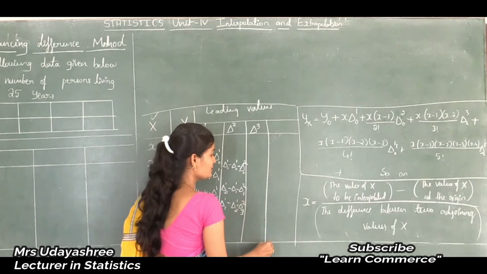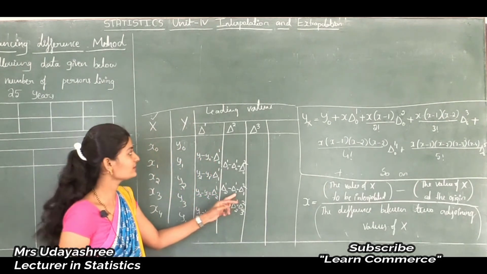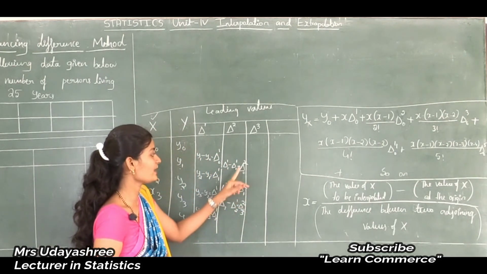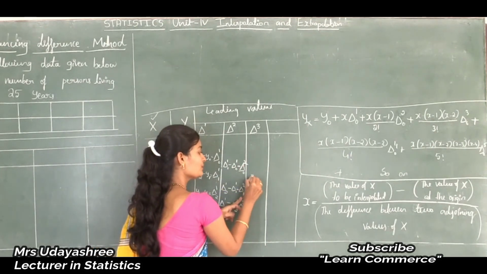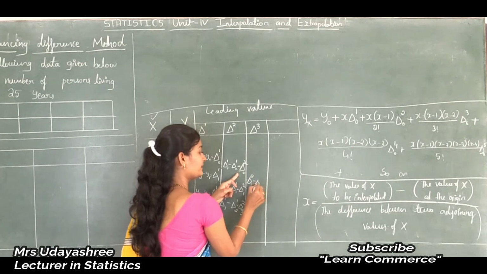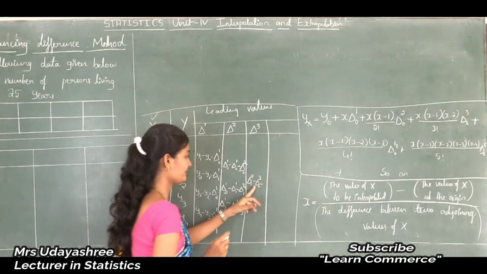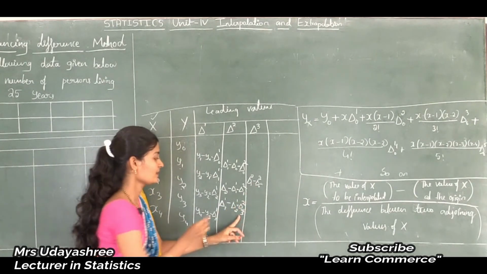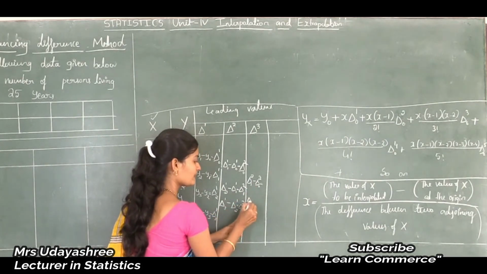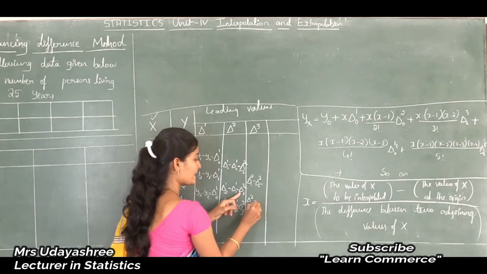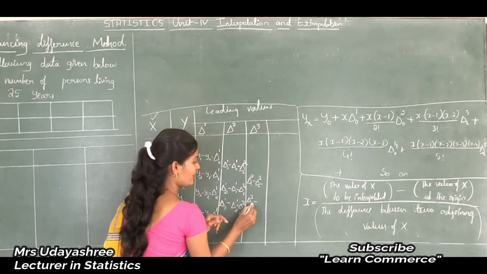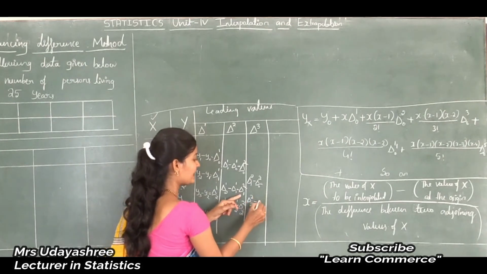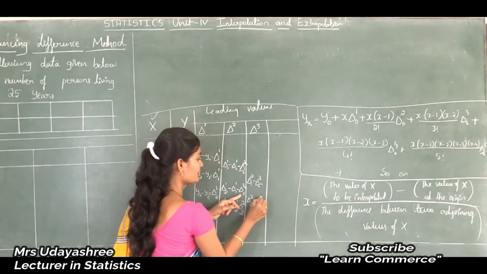So how to find the third leading difference values? This value minus this value, that is delta 1 2 minus delta naught 2, which I will write later. Next, delta 2 2 minus delta 1 2.